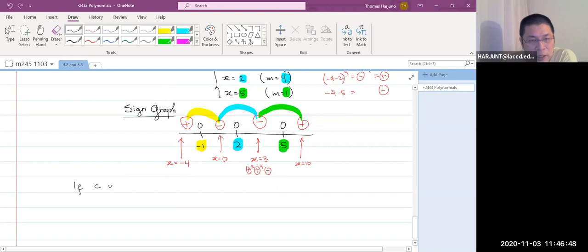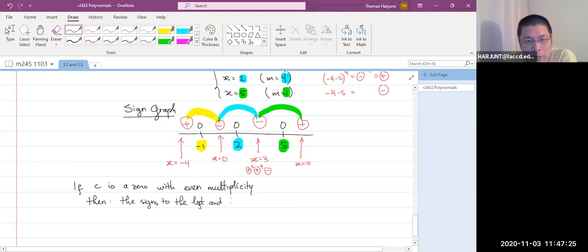If c is a 0 with even multiplicity, then the signs to the left and to the right of it are the same, both positive or both negative.